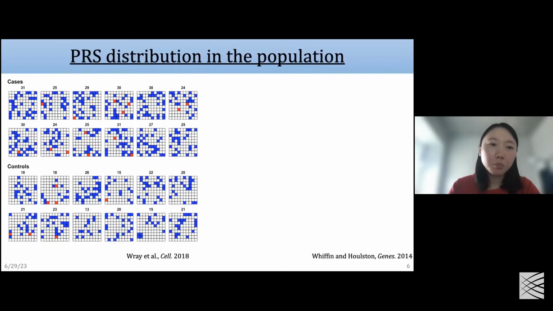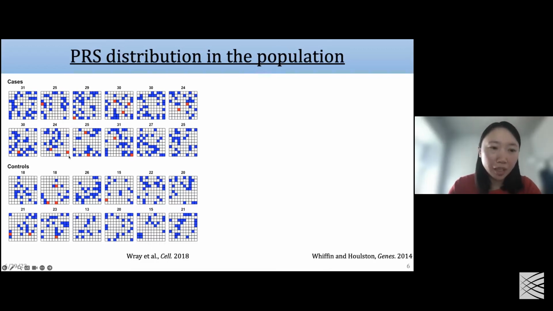Assuming we are interested in a case-control disease endpoint, we can see their PRS pattern greatly varies between cases and controls. For those cases, we can see at any particular locus, they may not carry that risk variant.